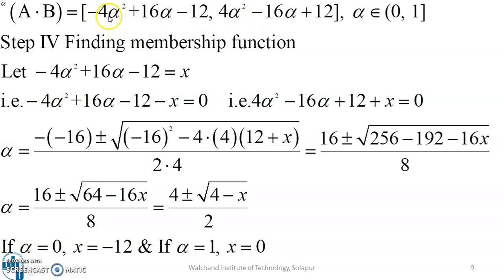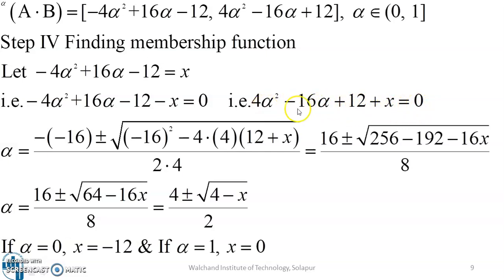First of all, we have to equate the initial point, minus 4 alpha square plus 16 alpha minus 12, to the variable x. Rewriting it, taking x to the left hand side, we get minus 4 alpha square plus 16 alpha minus 12 minus x equal to 0. Multiplying throughout by minus 1, we get 4 alpha square minus 16 alpha plus 12 plus x equal to 0.